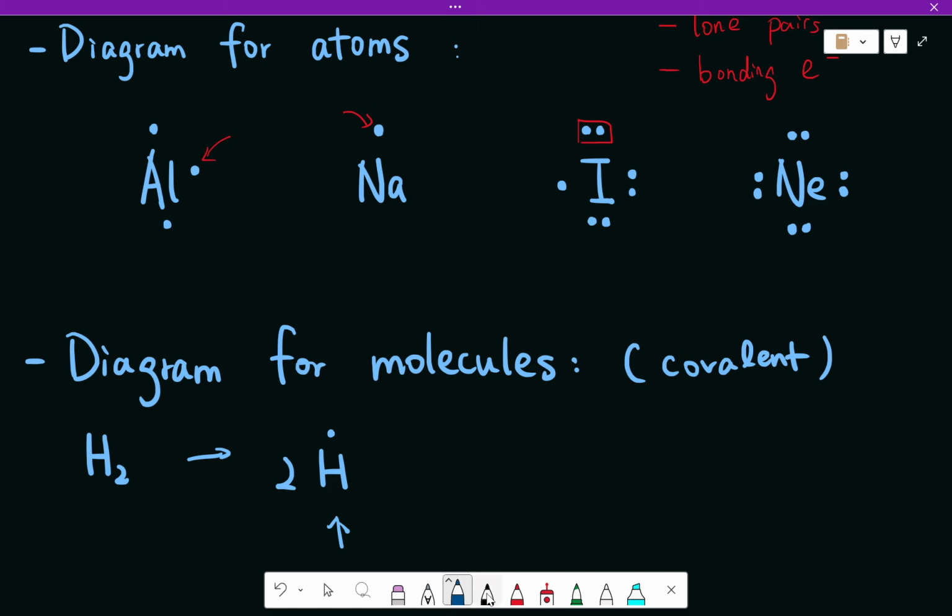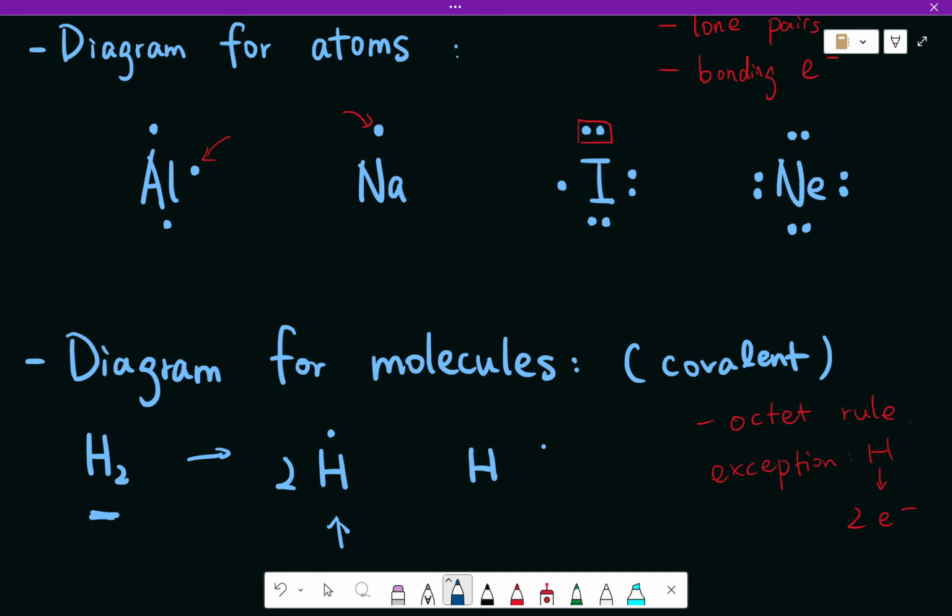When we are drawing these diagrams, we're always trying to follow the octet rule, which essentially says that the most stable state for an atom is when it has 8 electrons in its valence shell. The exception would be hydrogen, where it only needs 2 electrons in its valence shell to achieve its stable state, which is the case right here, hydrogen gas.